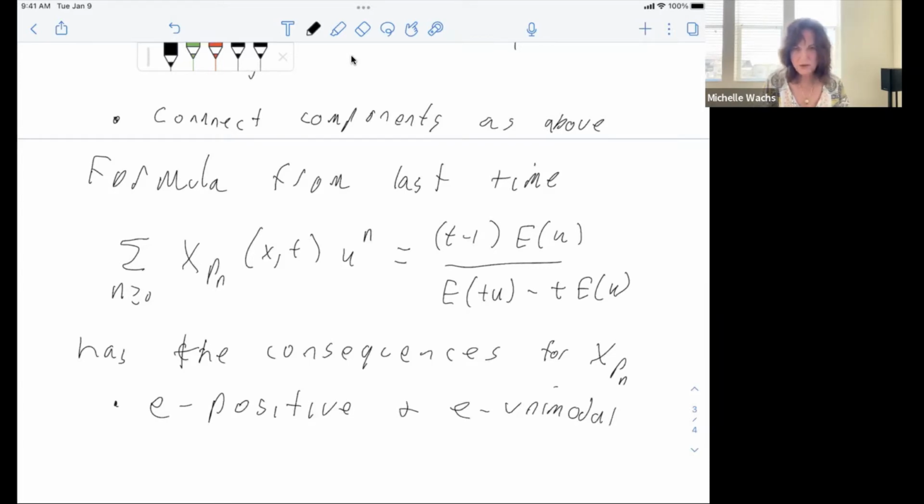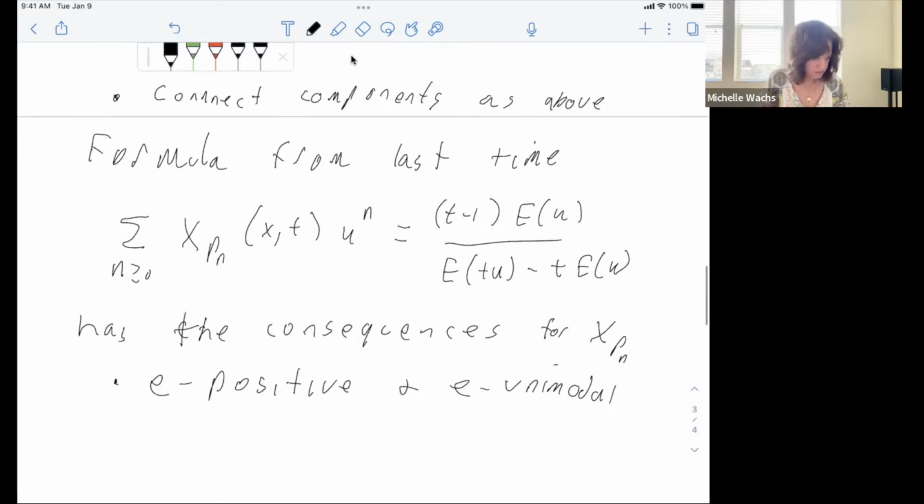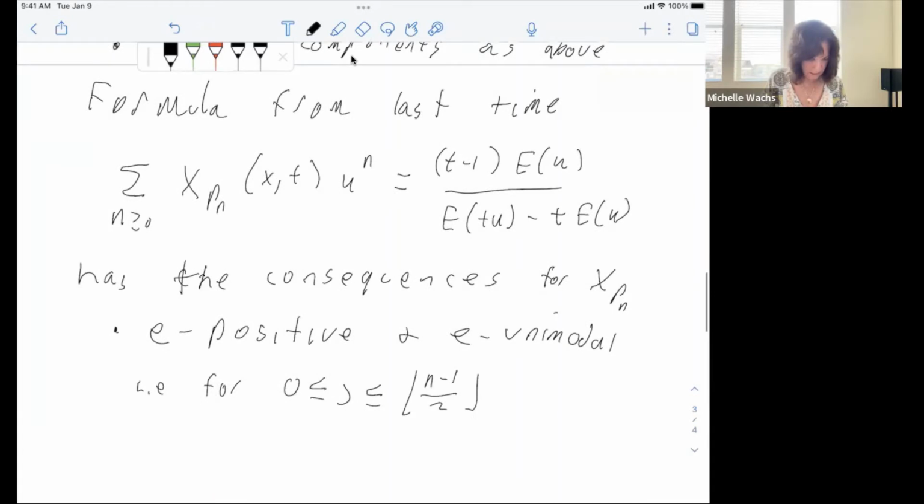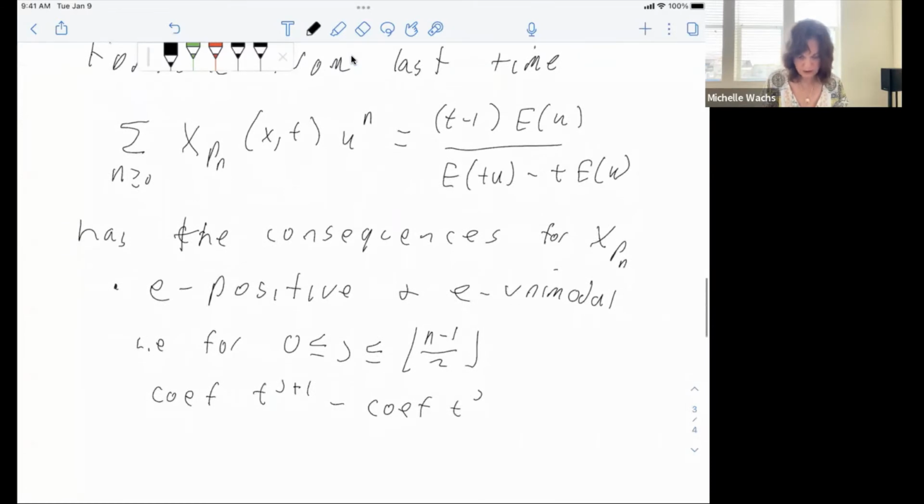When John gave his lectures, he talked about E-positivity, but not that much about E-unimodality. By that we mean, for all j, it's also palindromic, but that's easy to prove without this formula, that when you go up to the middle and you take the coefficient of t^{j+1} minus the coefficient of t^j, that's a symmetric function.